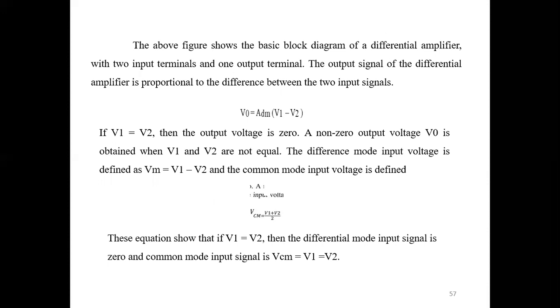We call ADM the differential mode gain and ACM the common mode gain. That is, Vout equals ADM times (V1 minus V2).